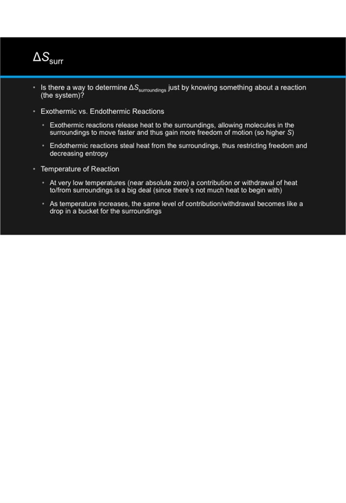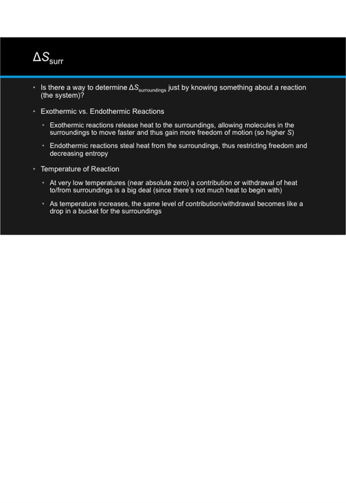In order to evaluate the entropy change for the universe, we need the change in entropy for both our system and our surroundings. And we're going to try to arrive at an estimation of the change in entropy of surroundings just by knowing something about the reaction or system itself. We know that exothermic reactions release heat to surroundings.